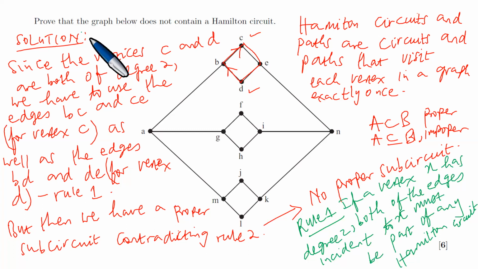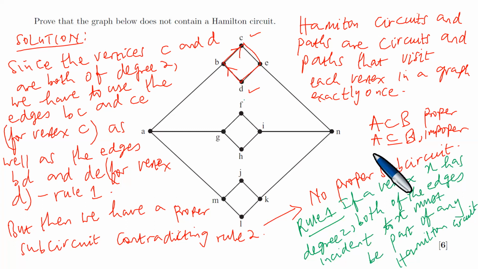We are seeing here that since the vertices C and D are both of degree 2, if a vertex X has degree 2, both of the edges incident to X must be part of any Hamilton circuit.